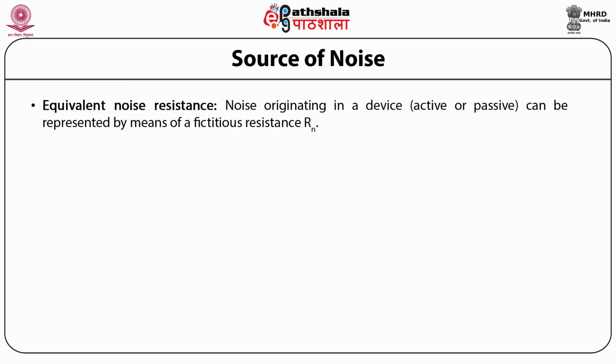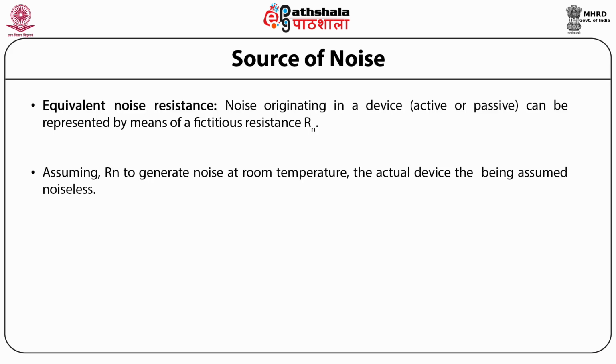Equivalent noise resistance. The noise originating in a device, whether active or passive, can be represented by means of a fictitious resistance Rn. So we assume Rn generates the noise at room temperature, and the actual device is assumed noiseless.